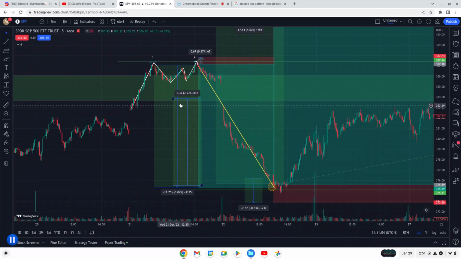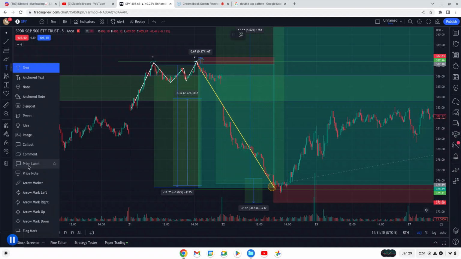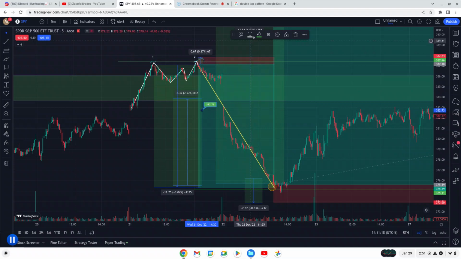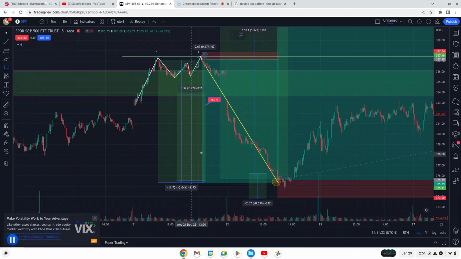But yeah, like I said, you could have taken profits at this level. You could have had your price line down here where we previously went up at. I like doing it red because price is going down.